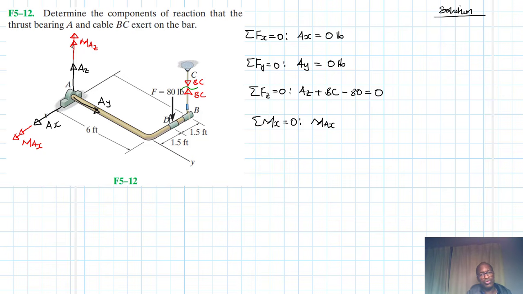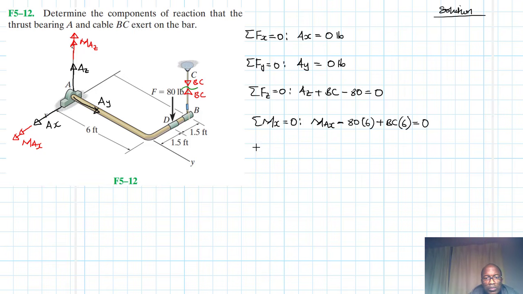It is going to cause a negative moment about the x-axis, so it will be minus 80 by 6. And then BC will cause a positive moment, so it will be BC by 6 equal to 0.